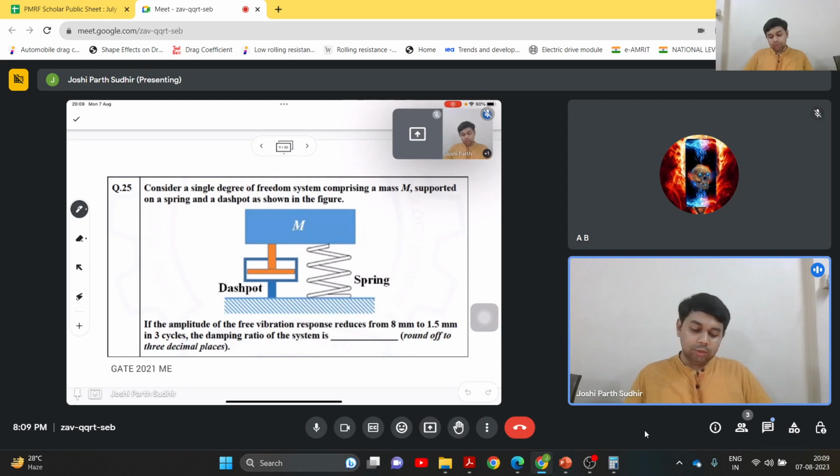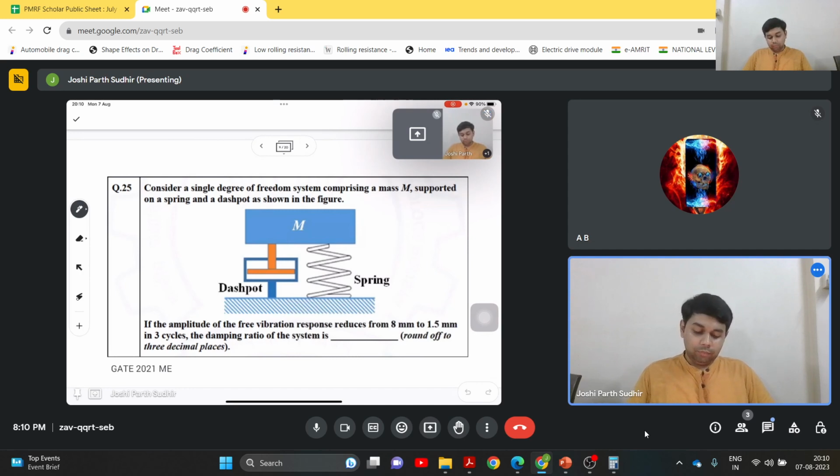So this question actually involves some damping. Here we have been given that there is a dashpot. It is the same as a piston cylinder. You can call it a dashpot, piston cylinder, or damper; it actually means the same thing.